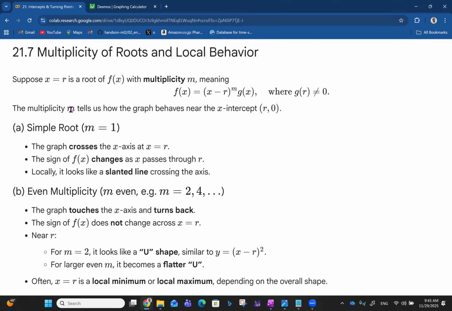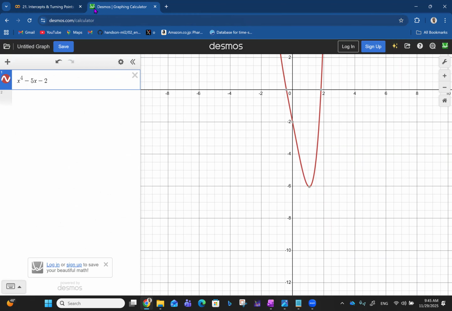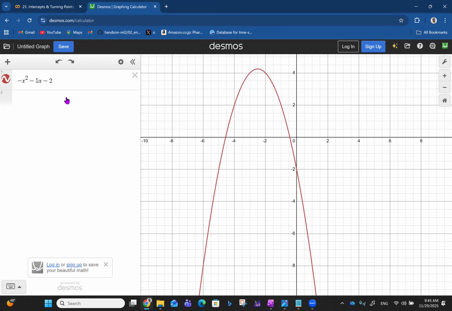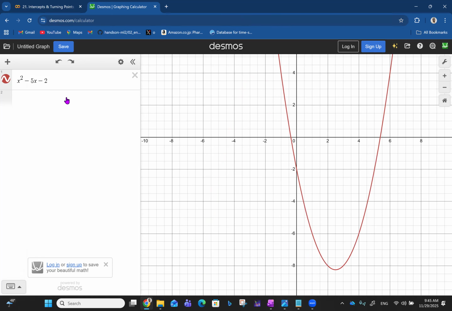We can have a simple root, where we have just multiplicity of 1, so the graph crosses the x-axis at x equals r, right? So x equals r being the root, like we said already. For instance, let me go back to where I started from. Maybe just a simple quadratic expression like this now.